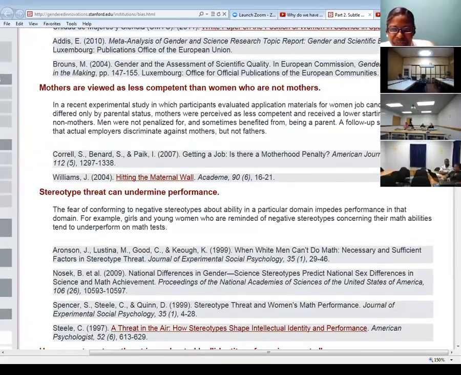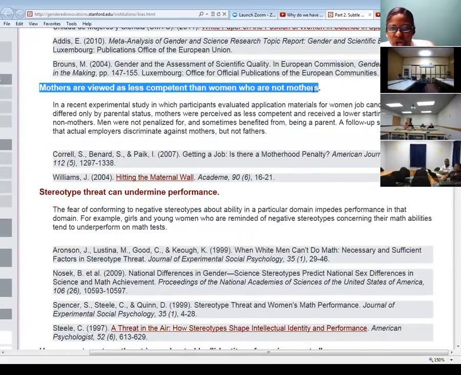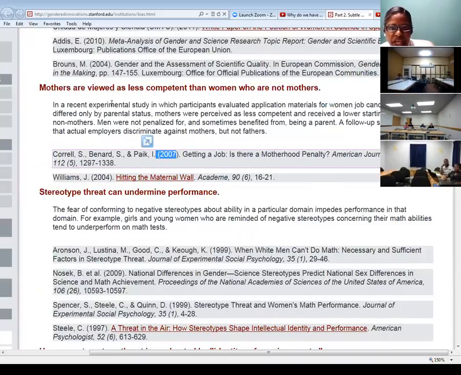So here's what Vanessa was talking about. It says mothers are viewed as less competent than women who are not mothers, and these are based on research. In a recent experimental study, and recent in this case means 2007, participants evaluated application materials for women job candidates who differed only by parental status.